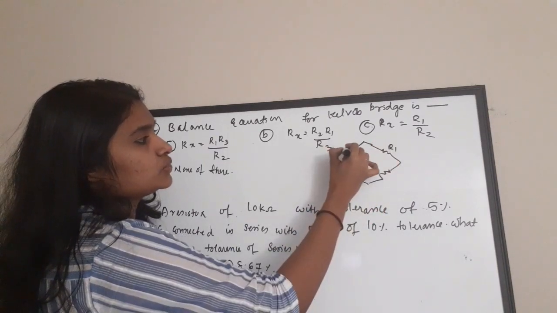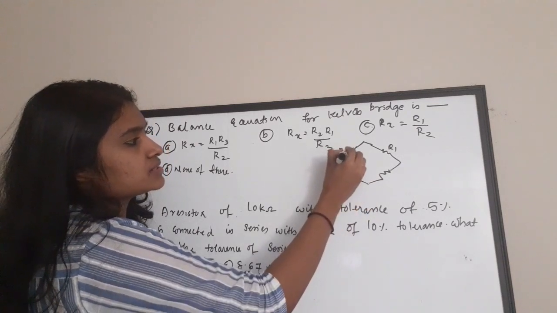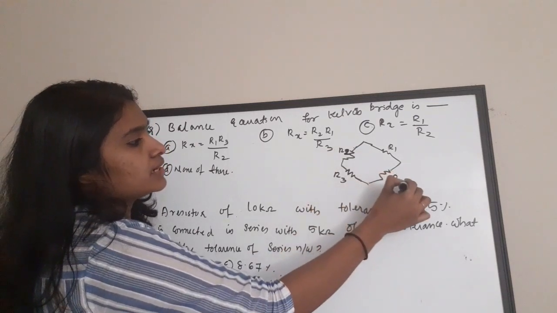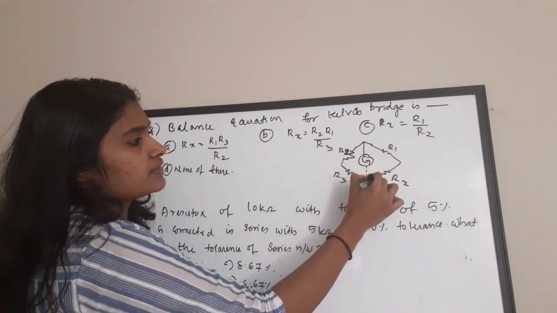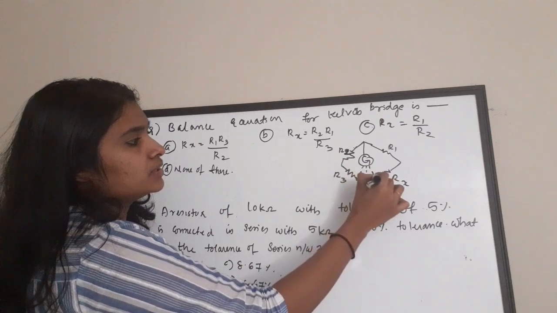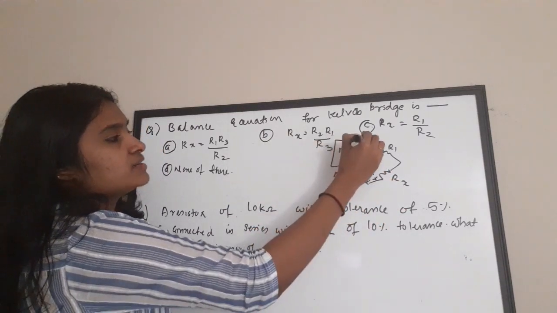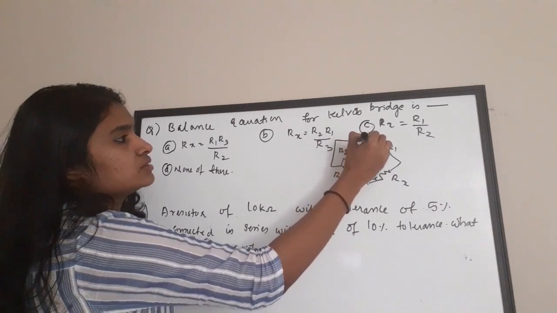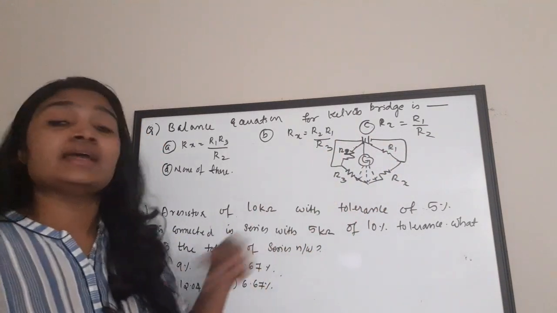R1, R2, here also one resistance, R3, this is R2, R3 and Rx. Here again there is a galvanometer. This galvanometer has a swiping arm. Now connecting these two, there is a voltage source. So this is the rough diagram of a Kelvin bridge.